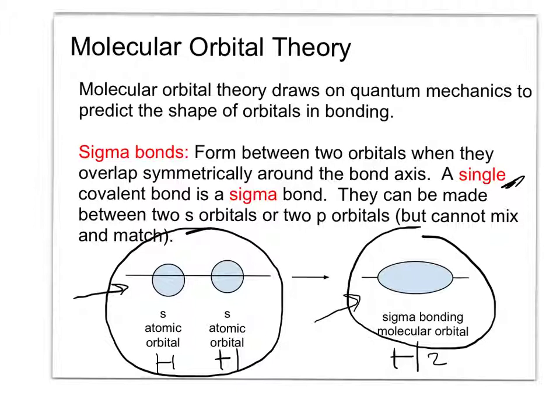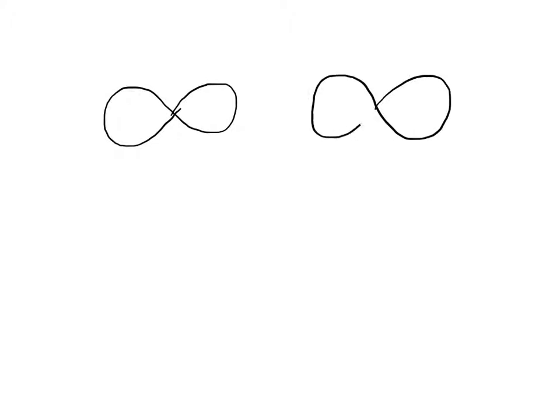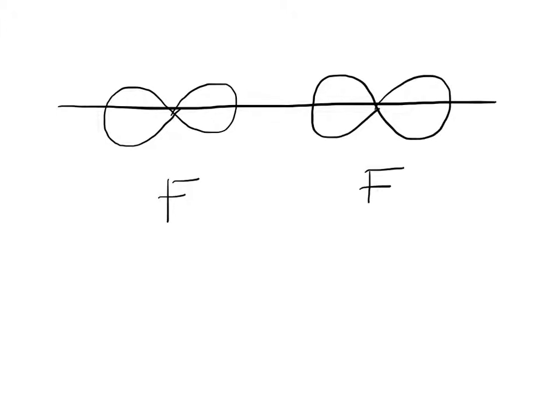Let's now look at what a p might look like. We know that the p orbitals are shaped like this. Let's say we have two fluorine atoms. Fluorine has enough electrons that its outermost electrons are going to be in a p orbital, not an s orbital.